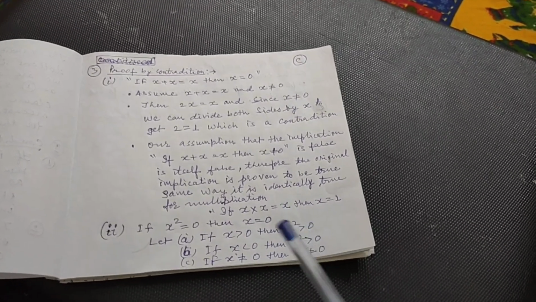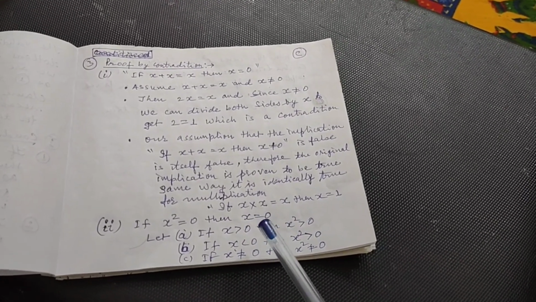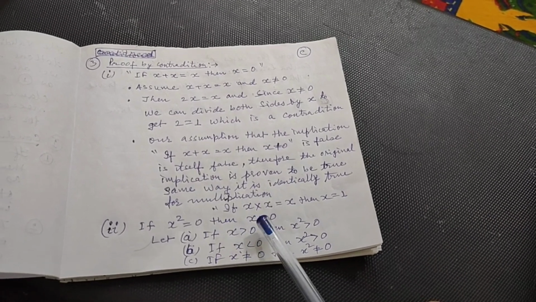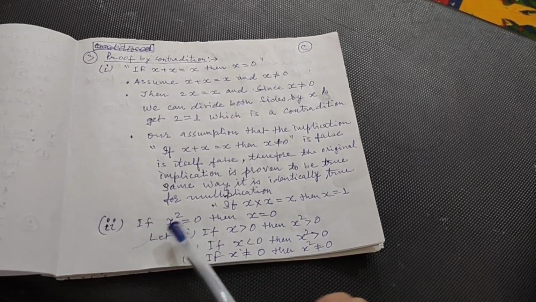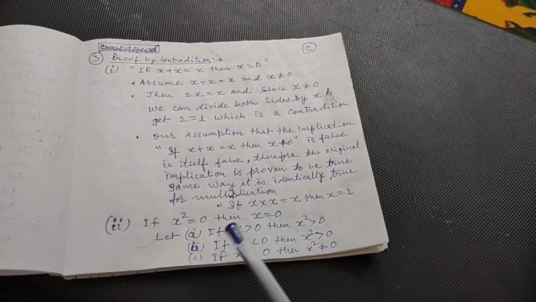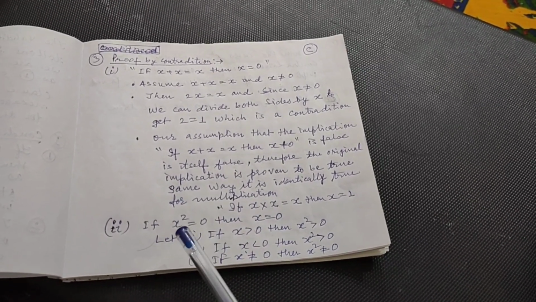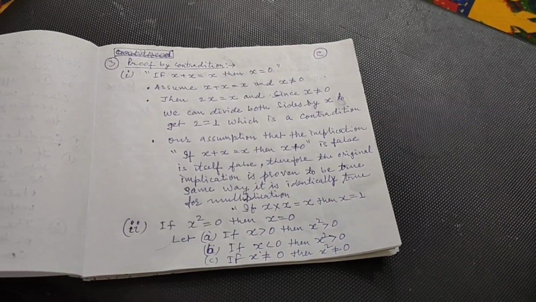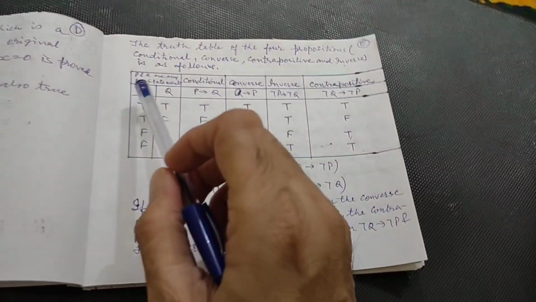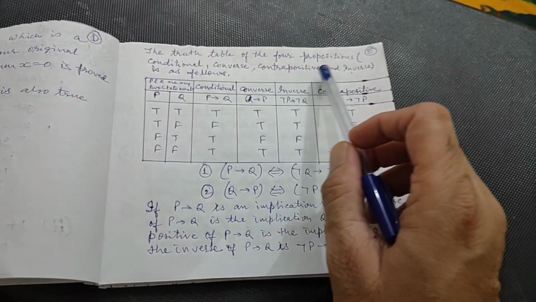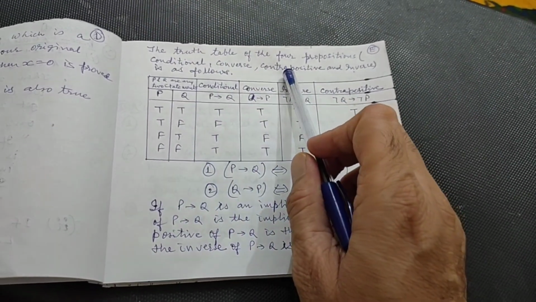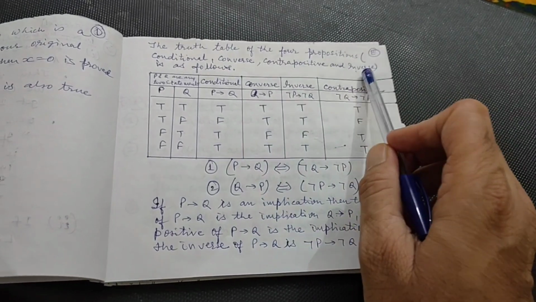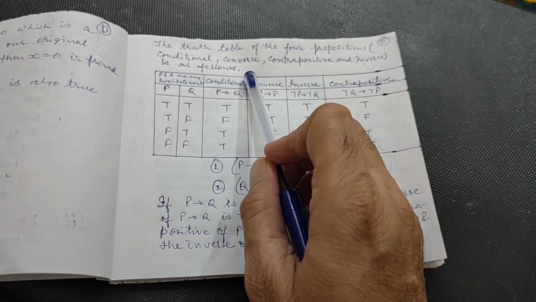Now we see that unless the consequent is true, the statement is not true. It means that FT is T.